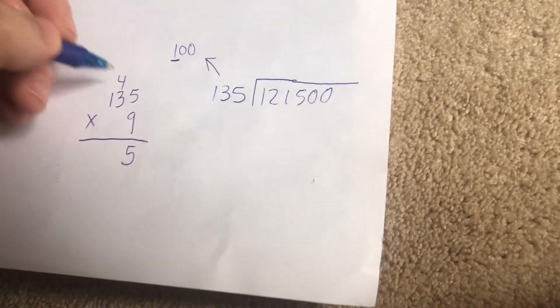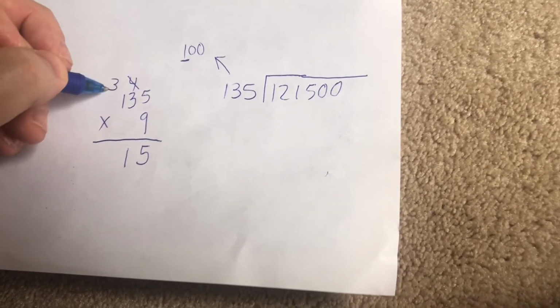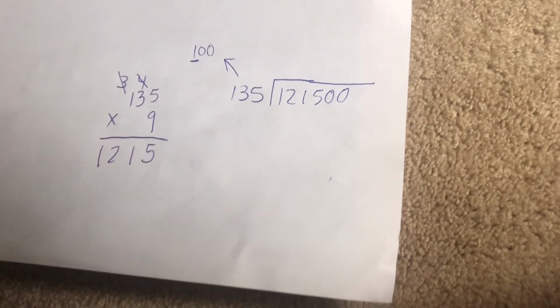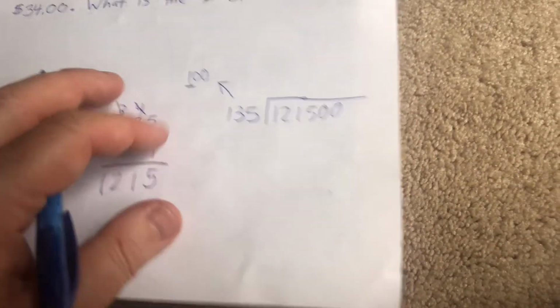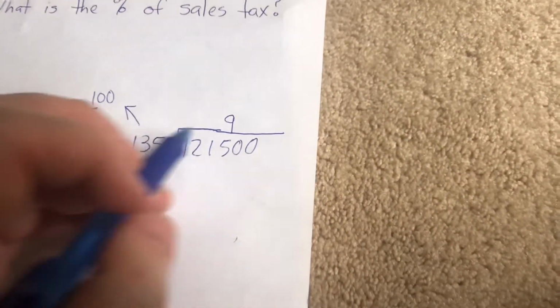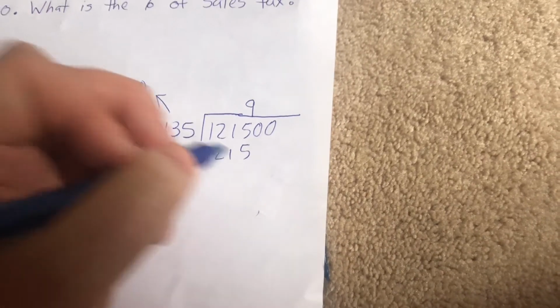Put the 5 down, carry the 4. 9 times 3 is 27, plus 4 is 31. 9 times 1 is 9, plus 3 is 12. Well, look at that. That works out nice. So I put a 9 here.